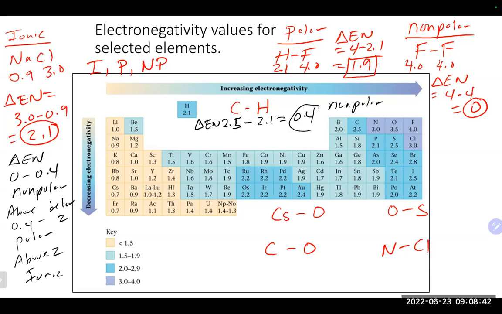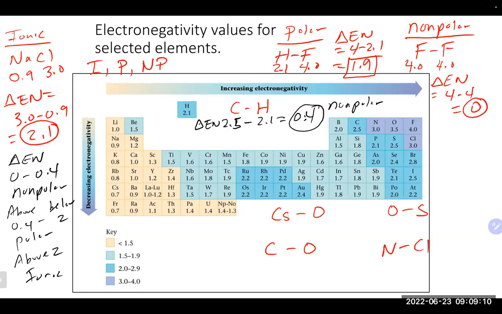That is really why the cutoff there is 0.4. Carbon and hydrogen is the basis of organic compounds, and they're nonpolar. This is considered nonpolar, but there really is not perfectly equal sharing of electrons here, right? Electrons are actually moving a little bit towards the carbon side, since it's a little more electronegative, but it's still considered nonpolar in this particular case.